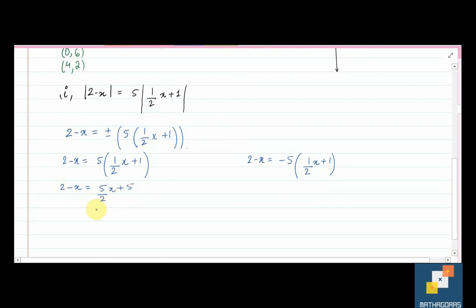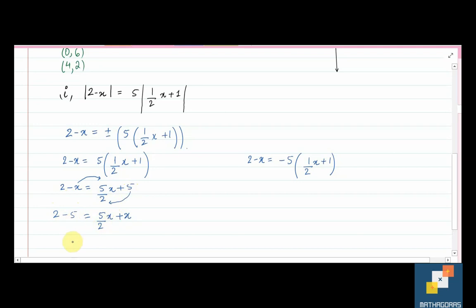Now I will gather the x values on one side of the equation. On the left we have negative x. If I shift it to the right side, it will be positive. So 5 upon 2x plus x. On the left side I have 2 and I will shift positive 5 to the left side, so it is negative 5.